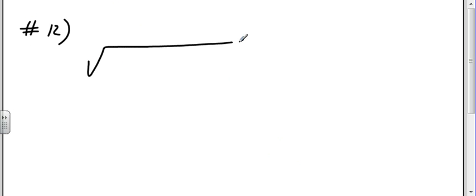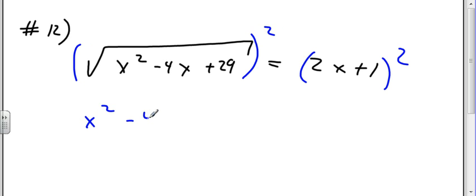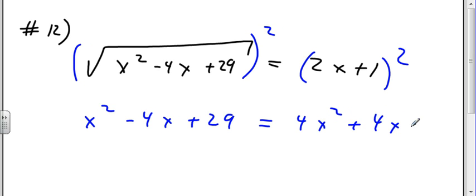Square root of x squared minus 4x plus 29 equals 2x plus 1. All right, so my plan is to get rid of the square root. I'm going to square both sides. I'm going to have x squared minus 4x plus 29 is equal to 4x squared plus 4x plus 1.